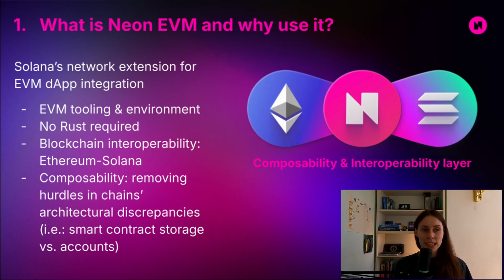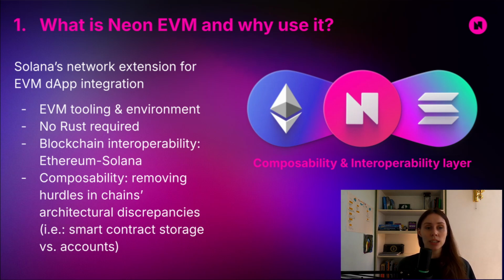So what is Neon EVM? Neon EVM is a Solana's network extension created for the integration of EVM dApps. In other words, it is a fully Ethereum-compatible environment built on the Solana blockchain. This means that you can deploy Solidity smart contracts on Solana without rewriting them in Rust.